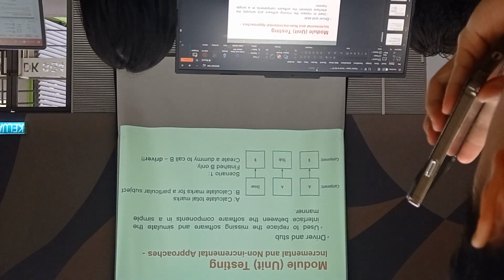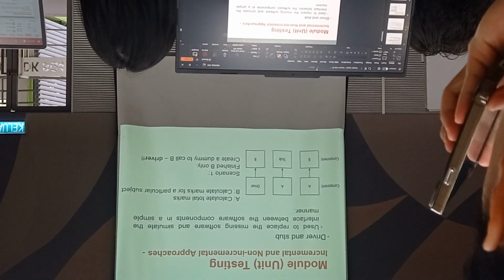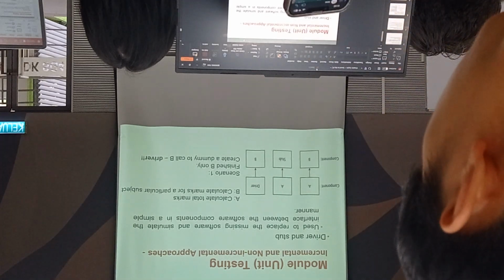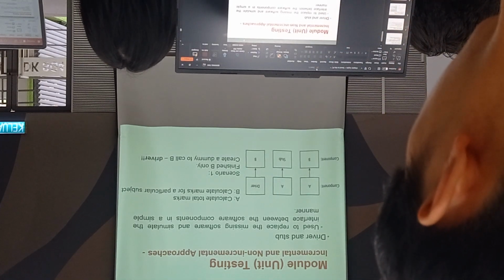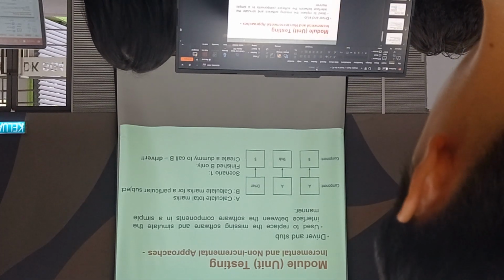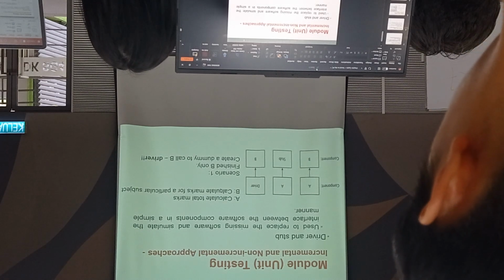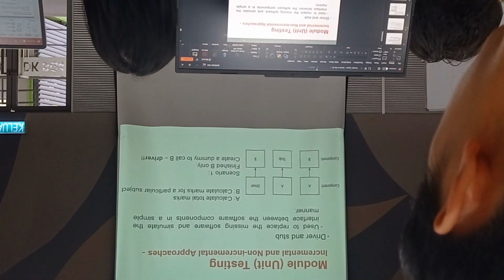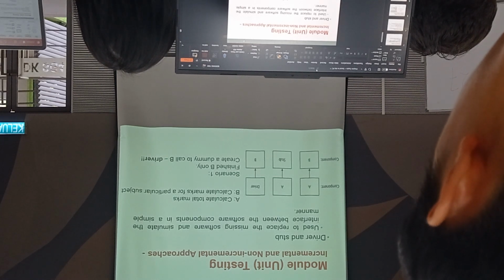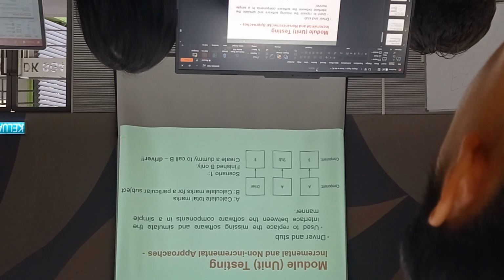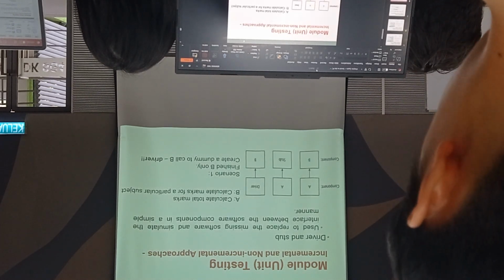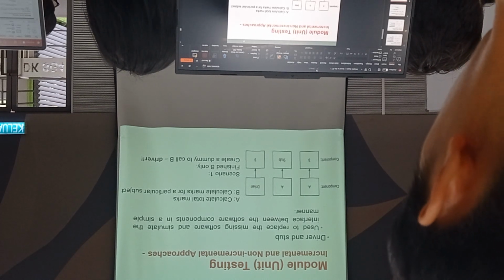Okay, so here the same thing. There are two different situations. We will see when we need to use a driver and when to use a stub. Component A is to calculate the total marks. Component B is to calculate marks for a particular subject. Which should happen first, calculating the total marks or calculating the individual subject marks?